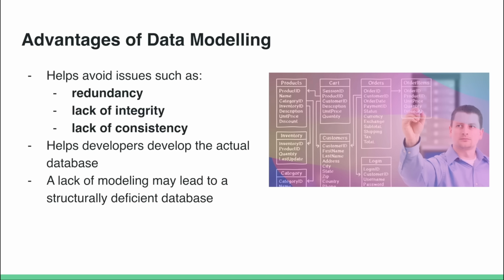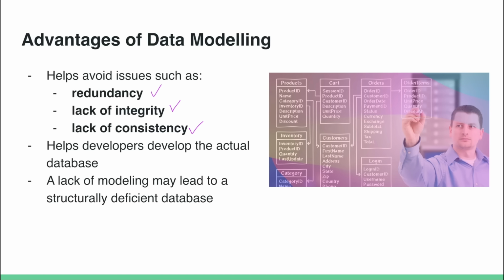To go back to what data modeling accomplishes, it helps us avoid redundancy and a lack of integrity. So it helps us prevent situations where our data doesn't always fit the rules that we set for it. And then a lack of consistency. This kind of goes back to redundancy. This means that we're not going to have different pieces of data in different places that aren't being updated.